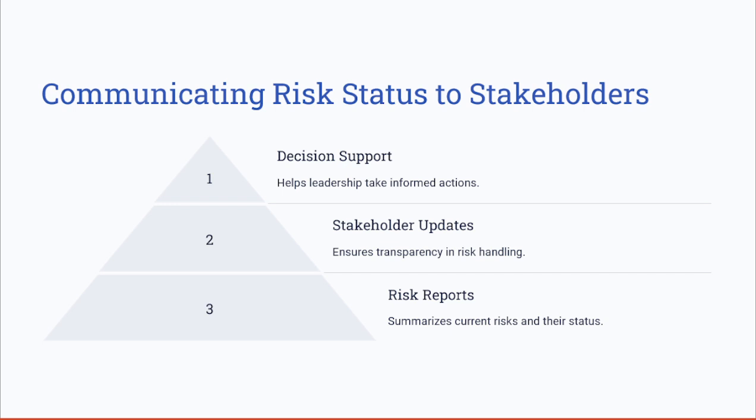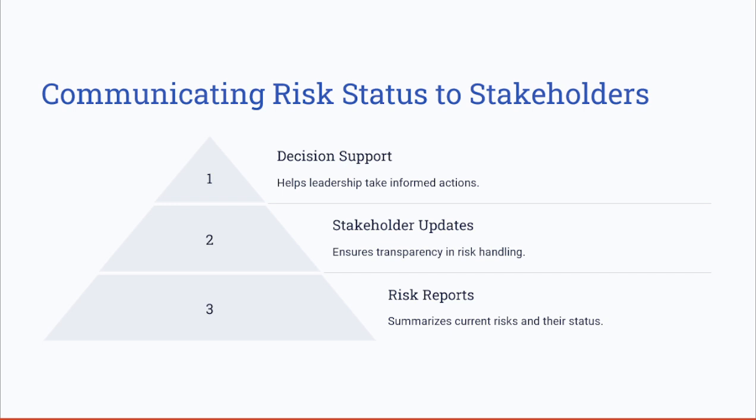As part of your communication to the stakeholders on the risk status, think of sharing the risk reports where you summarize all of the current risks and their status. Also, the stakeholder updates ensure transparency in risk handling. As I mentioned, it makes it easy for the decision makers to have all of the necessary real-time information and take immediate corrective actions once needed.